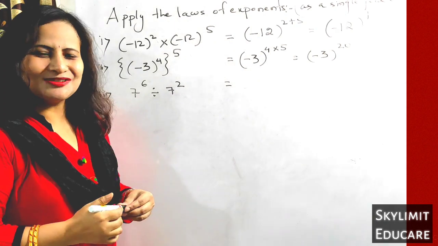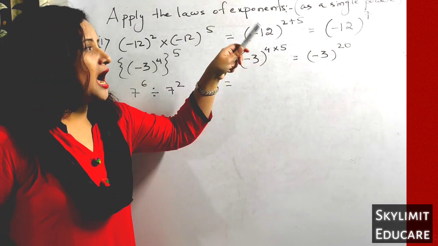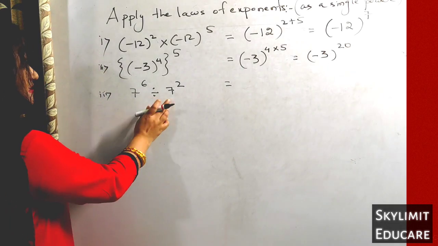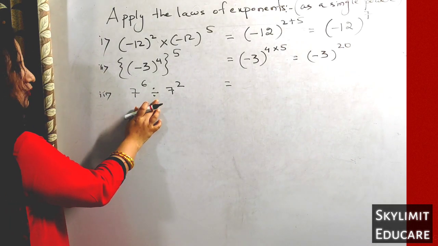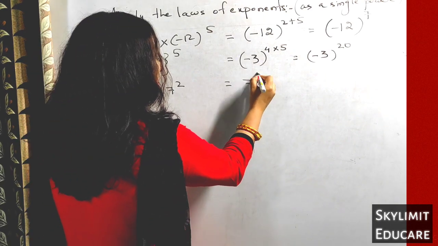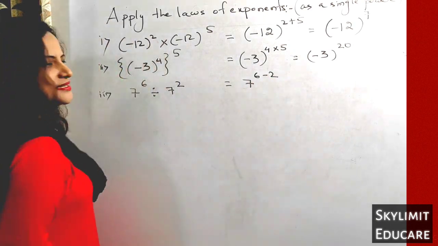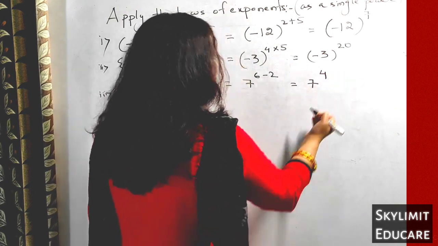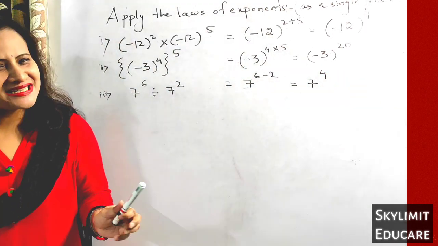As simple. Not to find the value, the question is just asking you to express it as a single power. Okay. Next, it's division. Base is the same. Dividend's power minus divisor's power. So how much are you getting here? 7 to the power of 4. That is quite clear with everyone.